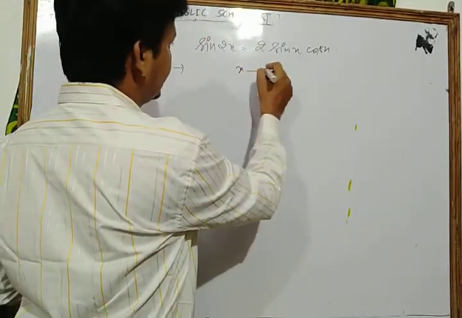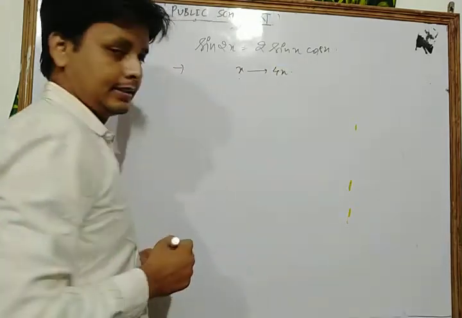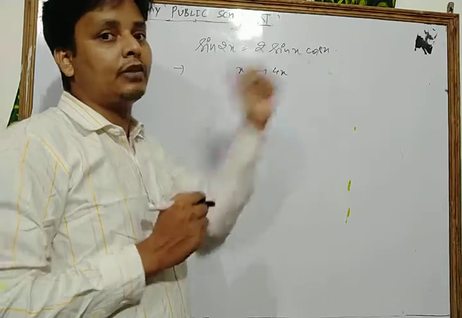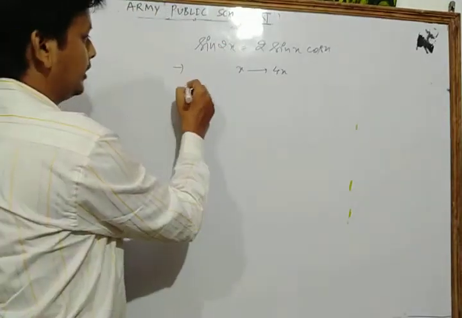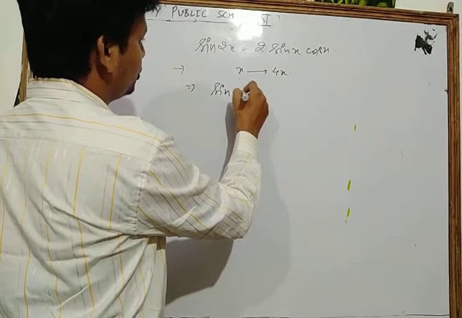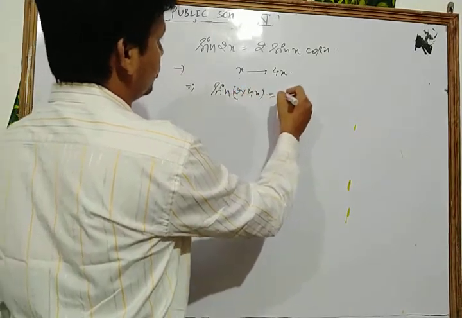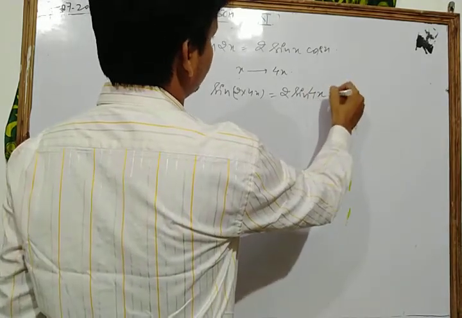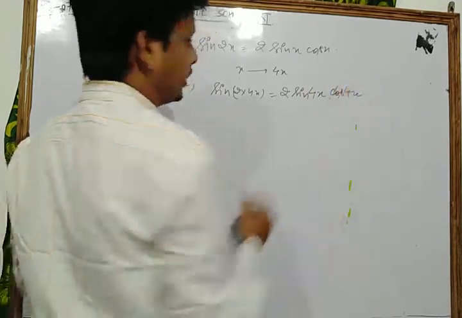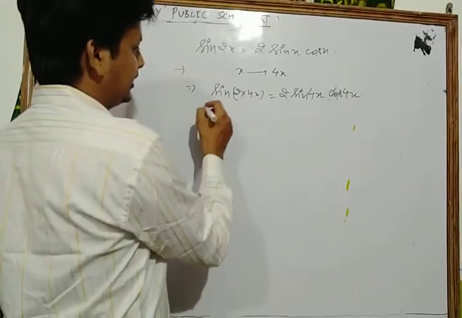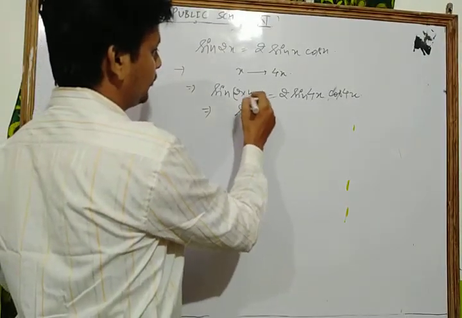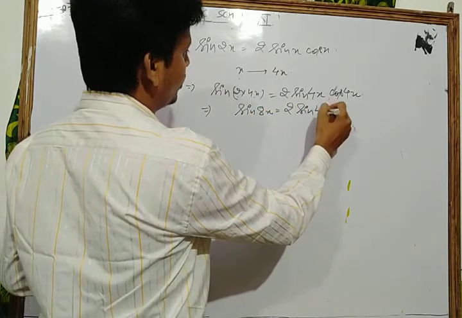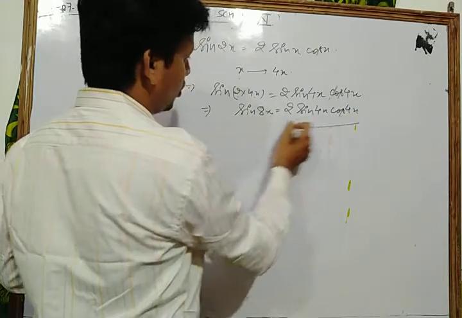Suppose in that identity we replace x by 4x, then what do we get? We get sin 2 into 4x is equal to 2 sin 4x cos 4x. This is sin 8x, equal to 2 sin 4x cos 4x.